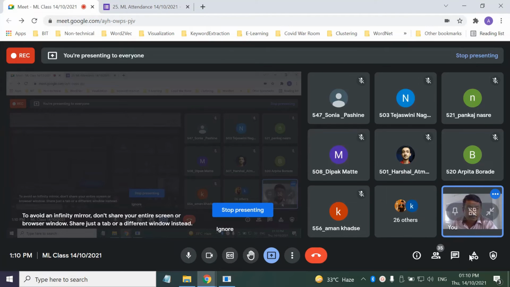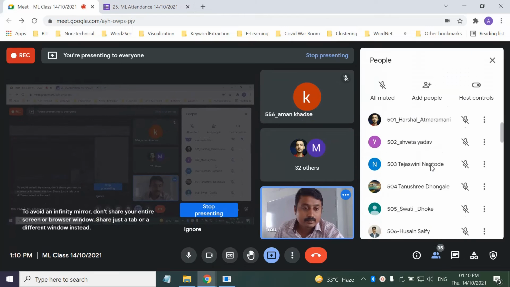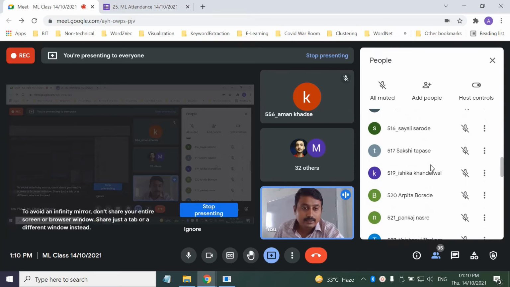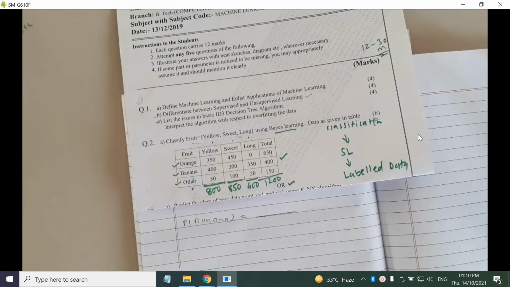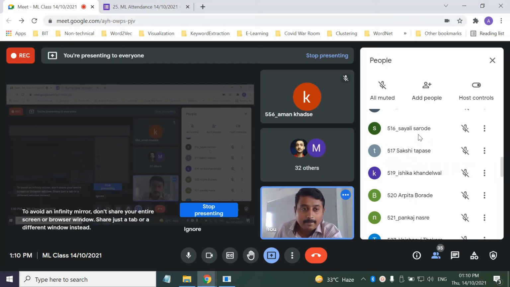Just now we have calculated the probability of orange, right? Similarly, you have to calculate the probability of banana. Can you tell me this value? Okay. Any other? Saili? Ishika, are you there?